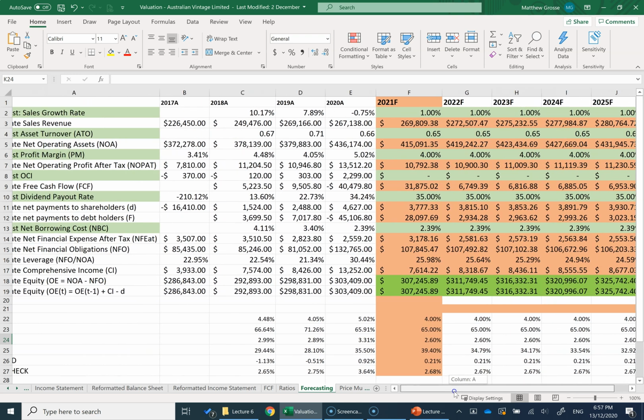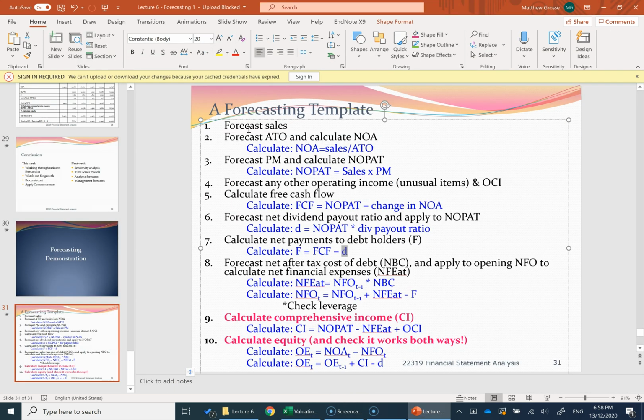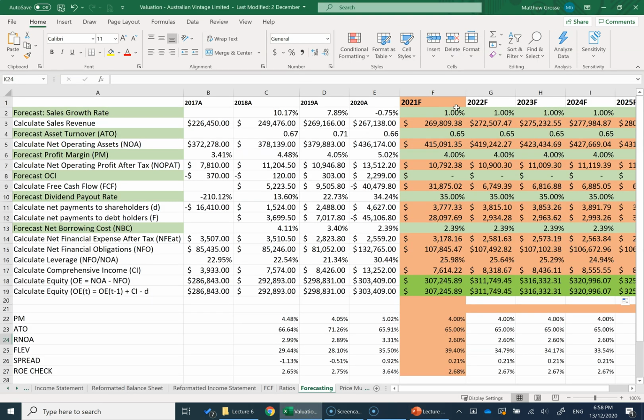So to recap, in this demonstration, I have followed this 10-step forecasting template. In doing that, all I have to do is forecast, estimate, guess, whatever you want to call it, these items in green. That is a sales growth rate, an asset turnover, a profit margin, a dividend payout ratio, and the net borrowing cost, the interest rate.